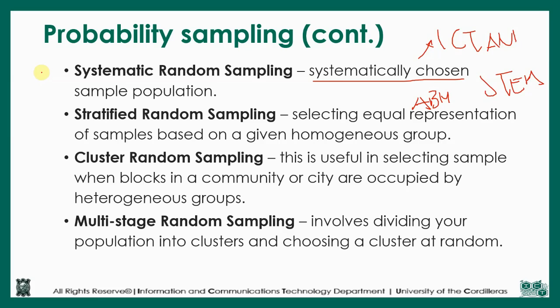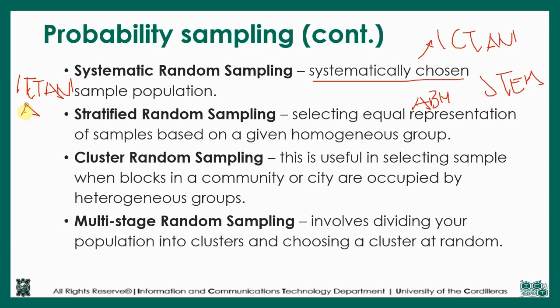Stratified random sampling means selecting an equal representation of samples based on a given homogeneous group. An example of this is if we look at, let's say, students in the senior high school. Let's say ICT animation.